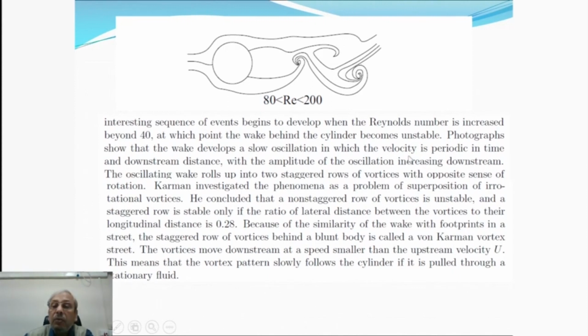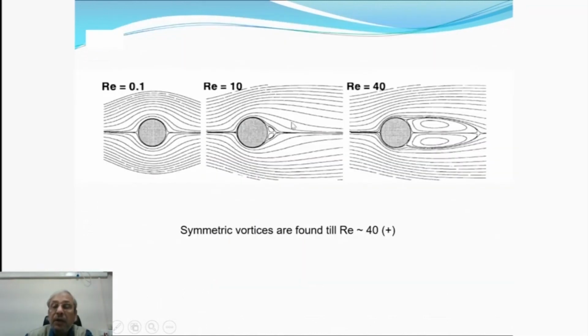Now the velocity is periodic in time and downstream distance, with the amplitude of oscillation increasing downstream. The oscillating wake rolls up into two staggered rows of vortices with the opposite sense of rotation. Quite clear, because here also the vortices, basically earlier also, have opposite sense of rotation. They were trying to peel off and they are brought back to this point by the external flowing stream.